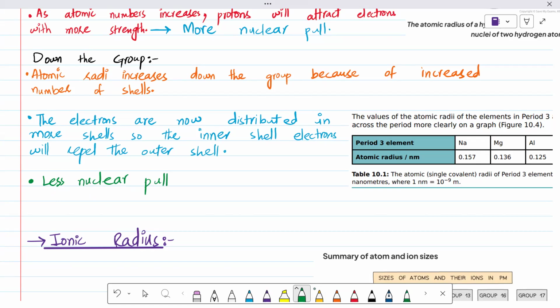That is why there is less nuclear pull, because the atomic radii is increased.